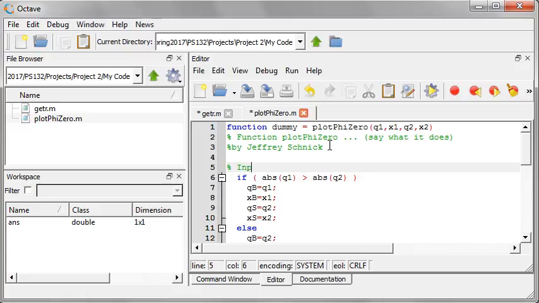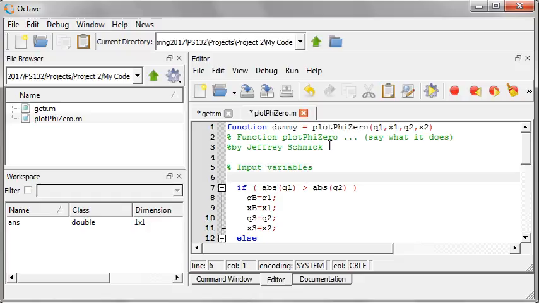percent input variables, and fill them in, the whole list. There are going to be 5 of them. But this is a little bit different now. This is the charge of one particle, charge of the other.